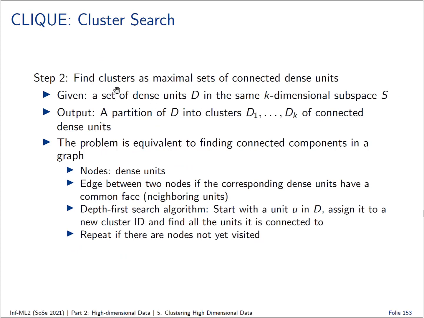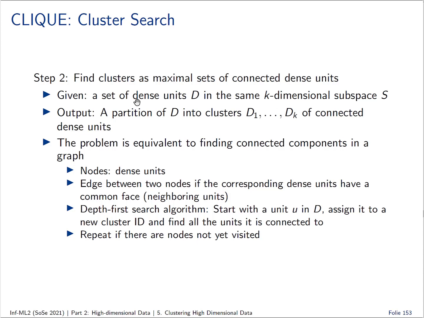And then the second step is to find clusters, and we said that we just have to connect or merge connected dense units. So we have to find a maximum set of connected dense units. Given a set of dense units in the same k-dimensional subspace, we compute the final subspace clusters in this particular k-dimensional subspace.